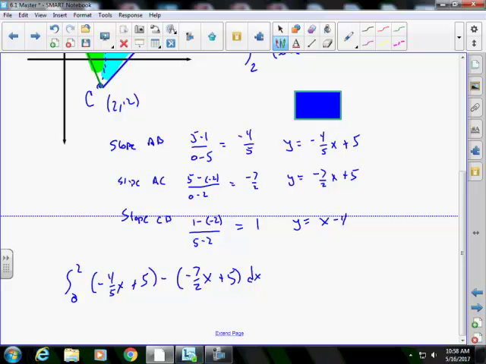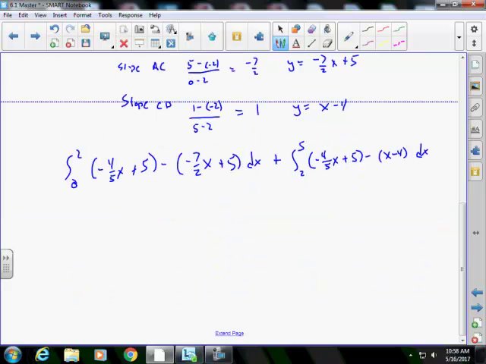And to that, I want to add, from integrating from 2 to 5, negative 4/5 x plus 5, and subtract from that x minus 4, dx. After integration, I'm just going to give you the answer. You should get 27/2. This is something you should be able to do on your own at this point.